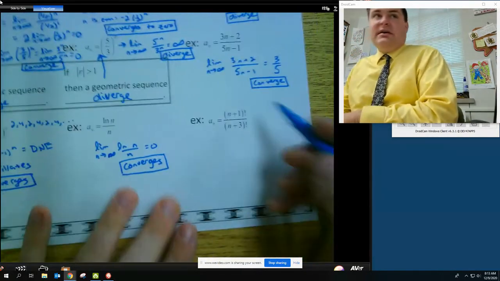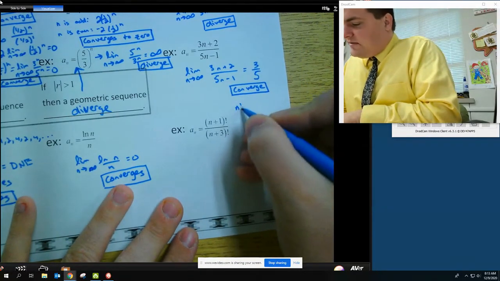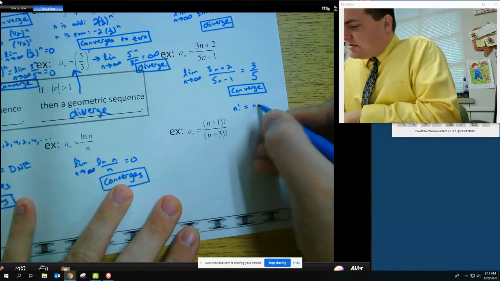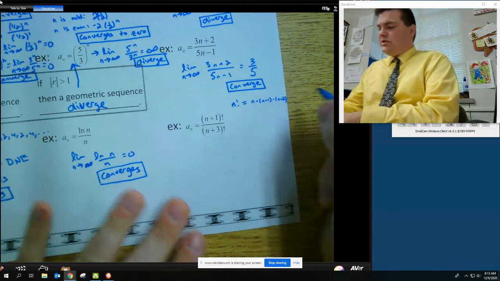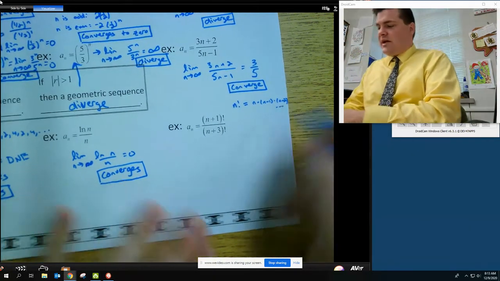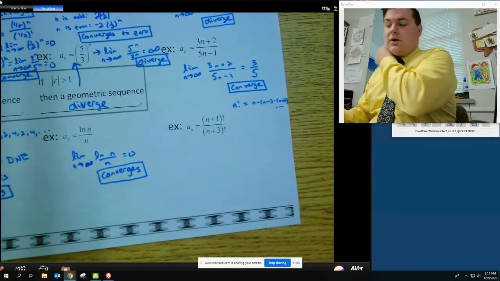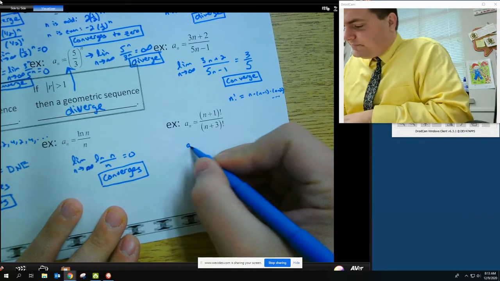And then this one, with the factorial stuff, just to remind you what factorial is, n factorial is going to be n times n minus 1 times n minus 2, and so on and so forth. So you just keep multiplying and you keep taking away a number until you get down to 1. So the easiest thing to do here is to rewrite this.